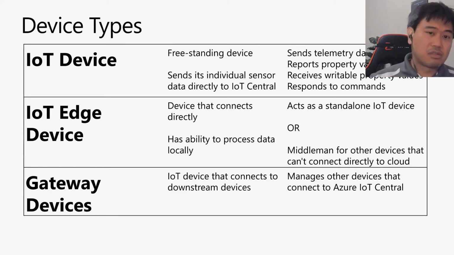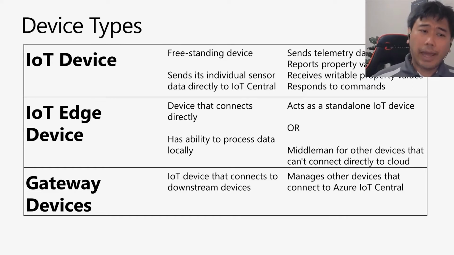It sends sensor data directly to IoT Central. It has a direct connection to IoT Central. It can send telemetry data, report its property values, or sometimes receive writable property values. That's when we talk about device twins. And then it can respond to commands. So if the cloud says reboot, it would reboot that specific device.